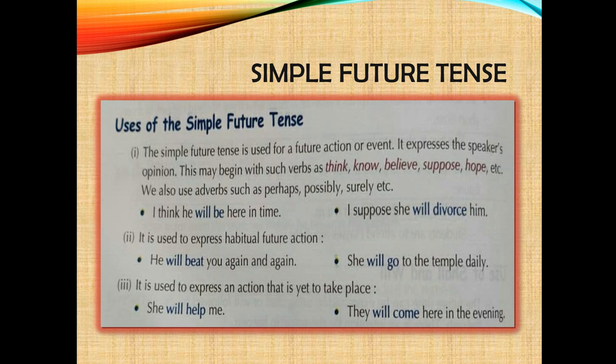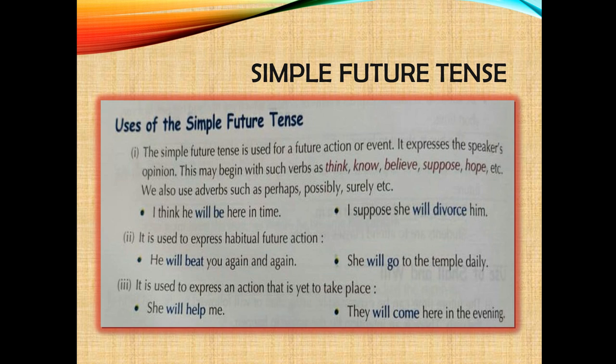determination, and shall is used with second or third person to express determination, promise, intention, etc. He shall be punished for his mischief. You shall get a reward if you stand first.